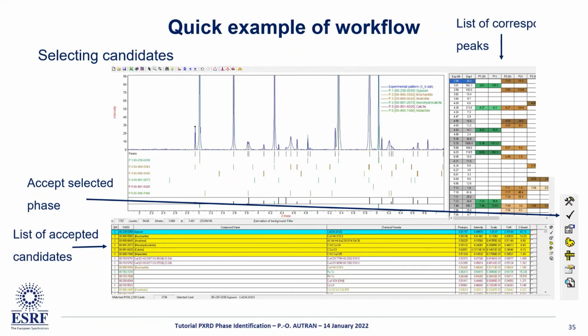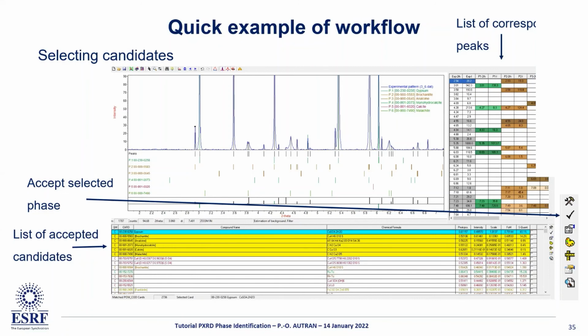One by one, as soon as you accept one, it removes the peaks of the accepted phase that you assume correspond to that phase, and it looks just at the peaks that remain and were not attributed to this phase. So one by one, your results are going to be refined, because the more phases you accept, the deeper it looks and the more importance it gives to the remaining phases that were not identified. That's why you go down and down.